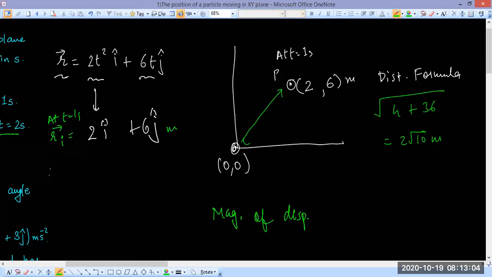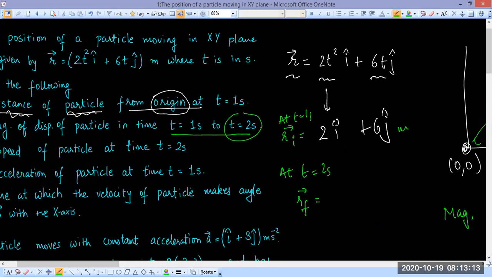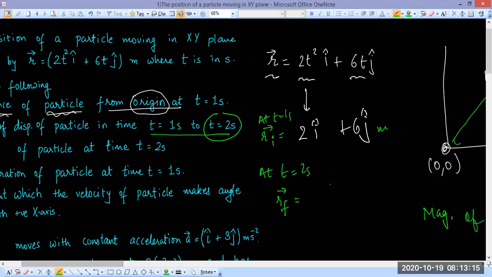Just like that, at t equal to 2 seconds, you can find the final position vector. The final position vector at t equal to 2 seconds is going to be 2 times 4, that is 8 i caret plus 12 j caret. I hope that's clear for all of you.